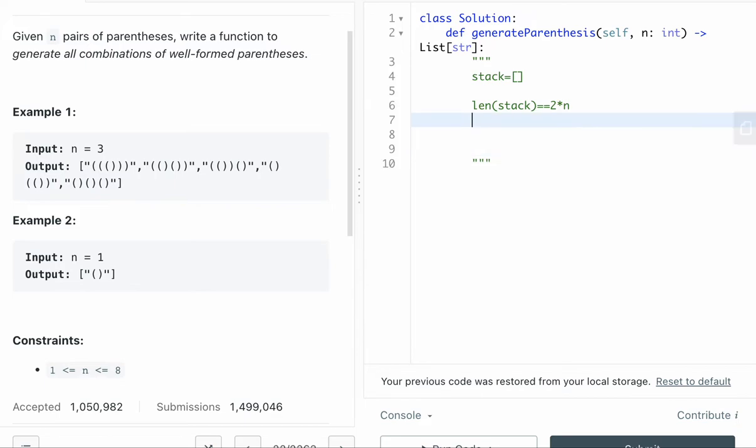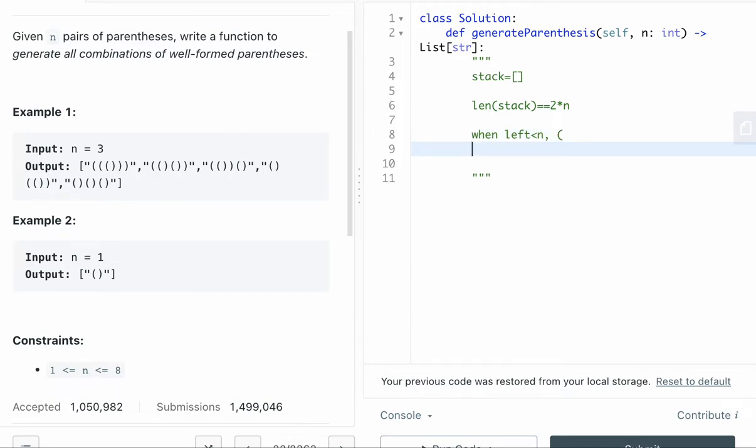And then when we backtrack, how do we do it? We have to start from the left bracket, because if we start from the right bracket, it's not valid. It says combinations of well-formed parentheses. So we have to start with this, and when the left bracket count is smaller than n, we continue to add the left parentheses, right?